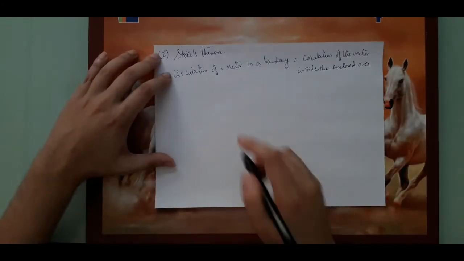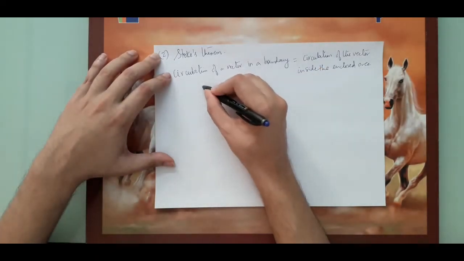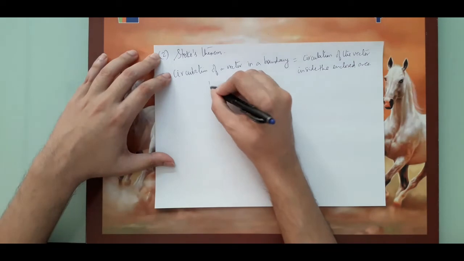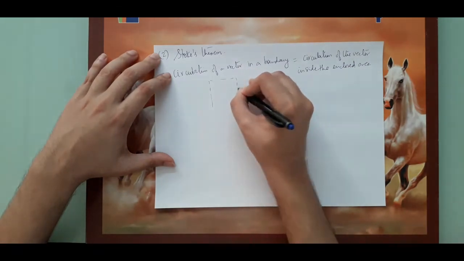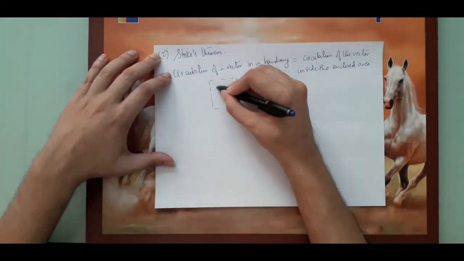So now if I have a vector field F, suppose I am looking at this boundary, and there is some vector field F over here.